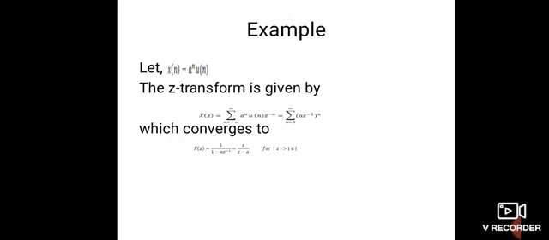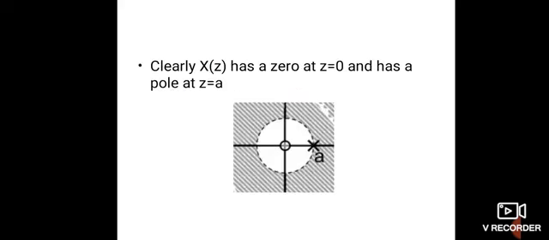The denominator is z minus a, so z minus a equals 0, which gives z equal to a. So z equal to a is the pole of this X(z). So z equal to 0 is the zero of X(z), and z equal to a is the pole of X(z).